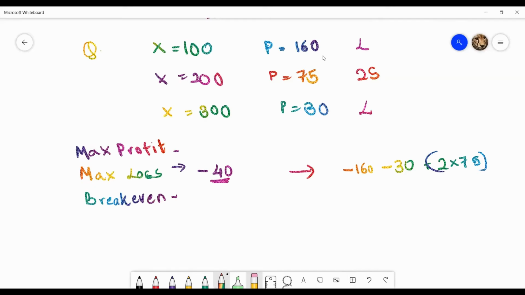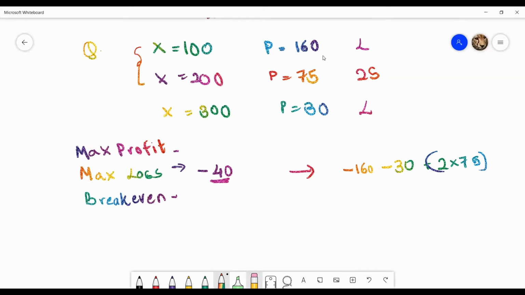Now, how do you calculate the maximum profit? A shortcut for calculating maximum profit easily is you consider this as your spot right now. When you are calculating profit, you are concerned with the first bracket only, and not the second bracket.